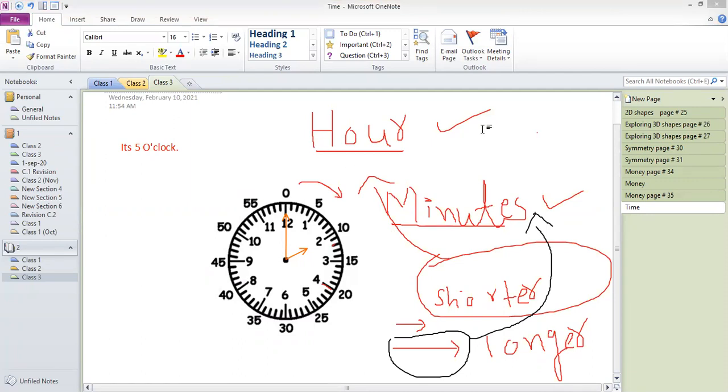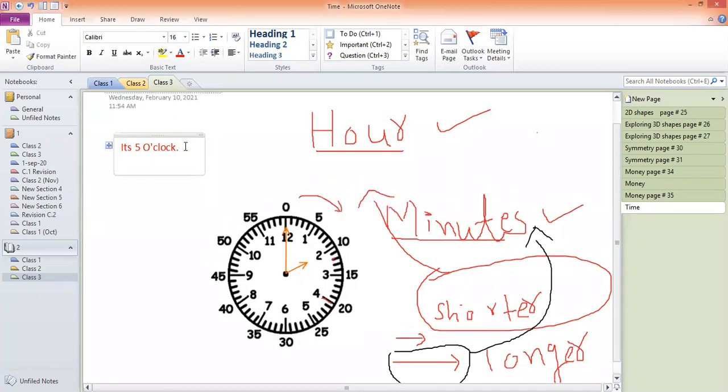So guys, I am giving you examples where you can see that the longer hand is at 12. That means 0 minutes have passed. So it's 2 o'clock.